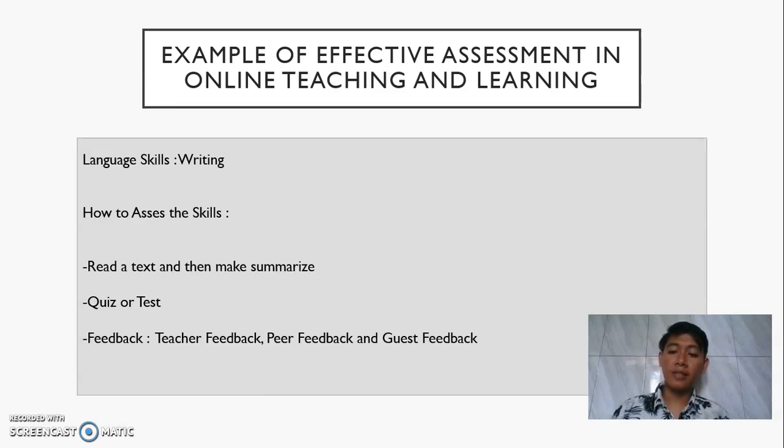After they do that, we can give feedback. We as teachers can give feedback, or peer feedback, which is student to student, and guest feedback, the feedback given by a guest.